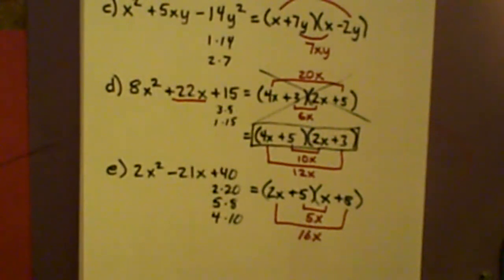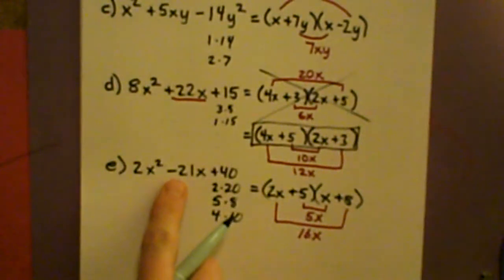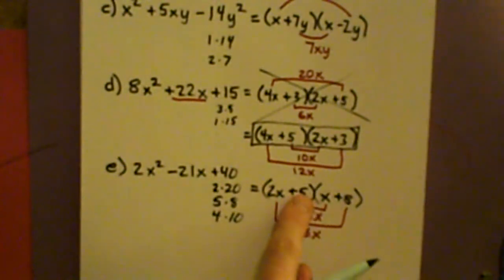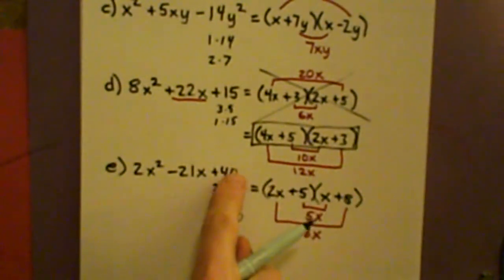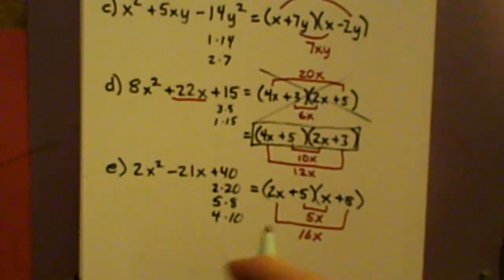There's only one problem here though. If I add 5x and 16x, that adds up to positive 21x, and I actually have a negative 21x. And it is true that positive 5 times positive 8 gives me 40. And I hope you're thinking along the same line I am.